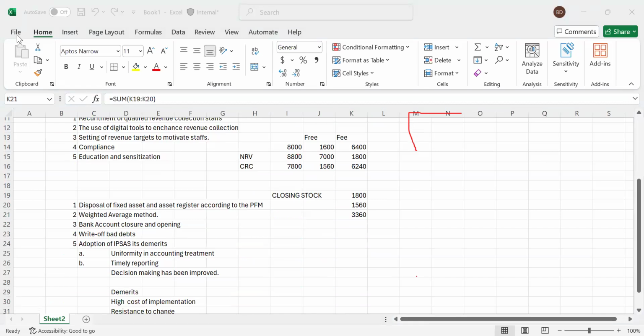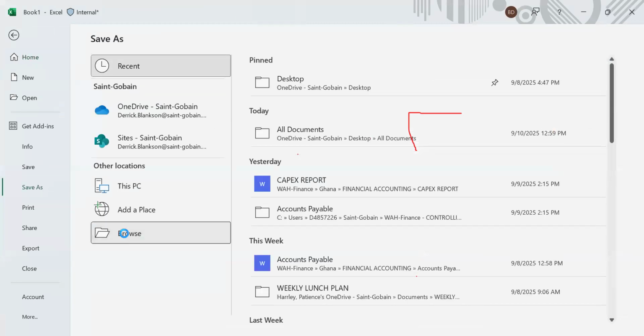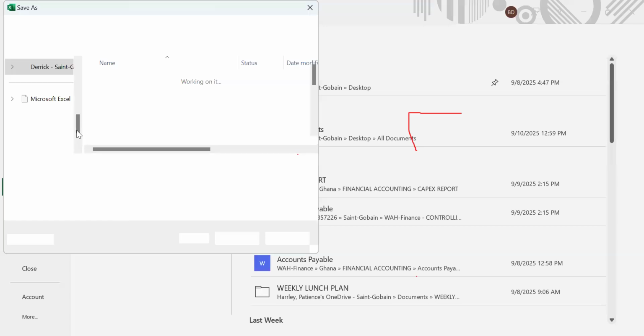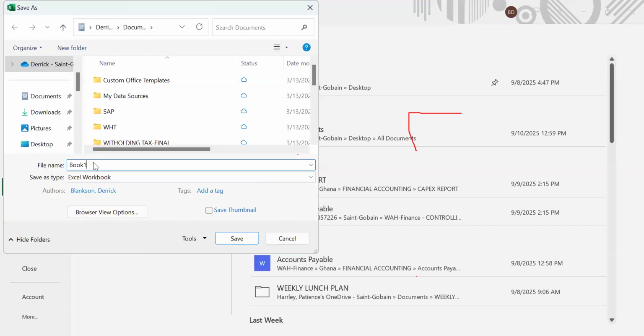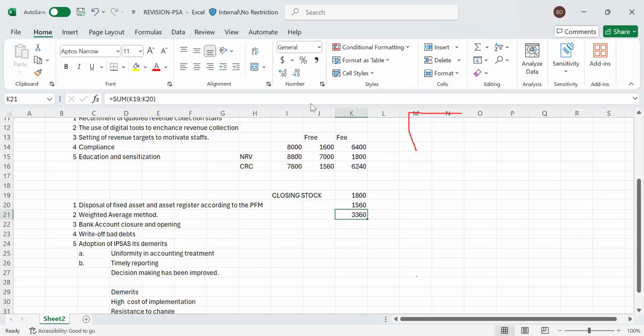I need to save this spreadsheet. How do I even save it now? Let me see whether I can drop it on the Telegram page.